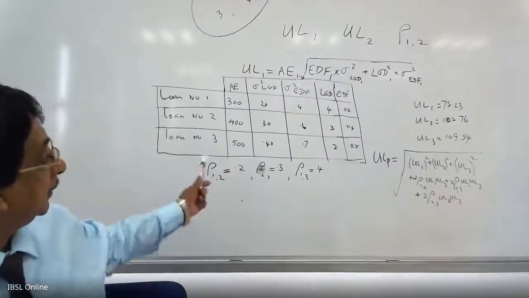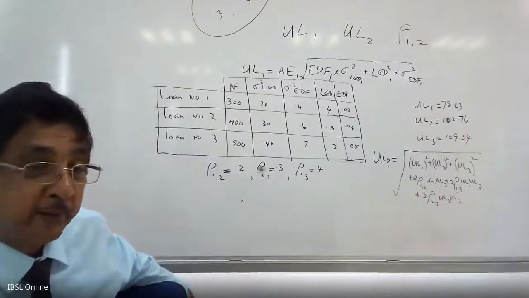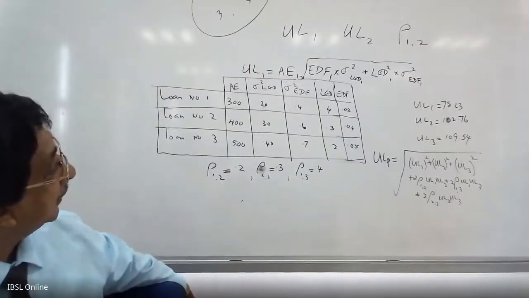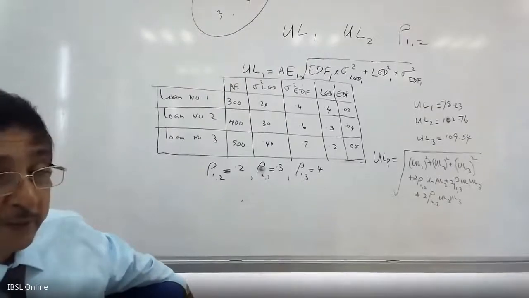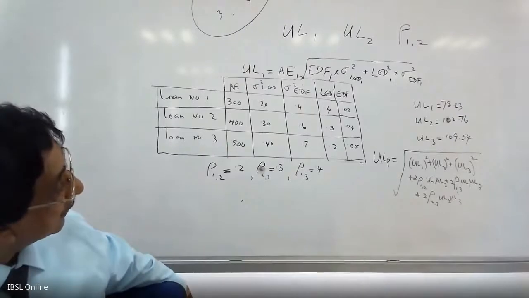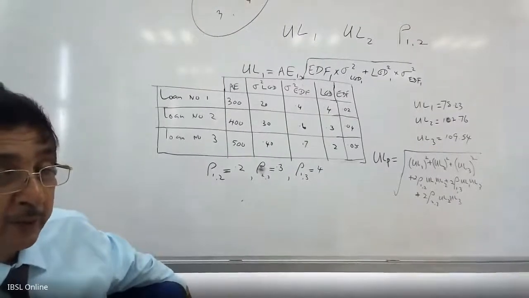And in addition to this, I just put the formula on top. That is UL1 is equal to AE1 times the square root of EDF1 into sigma squared LGD1 plus LGD1 squared into sigma squared EDF1. So that is the formula given on top.